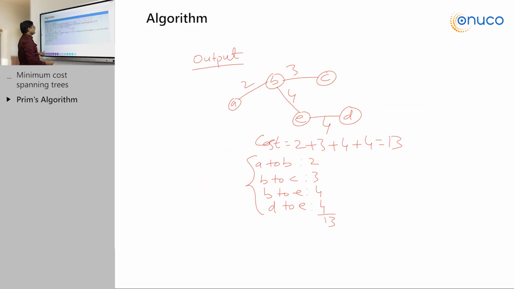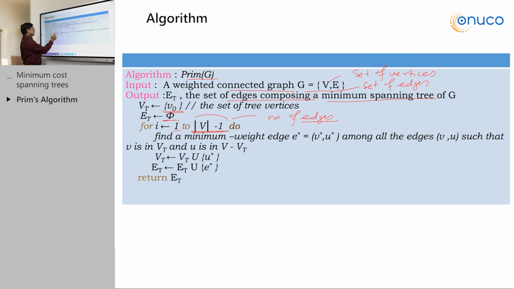Hence this gives you the number of iterations to perform. Find the minimum weight edge (v, u), from source v to destination u, among all the edges (v, u) such that v is in VT, a part of the set of vertices, and u is in V minus VT, meaning a vertex not visited.